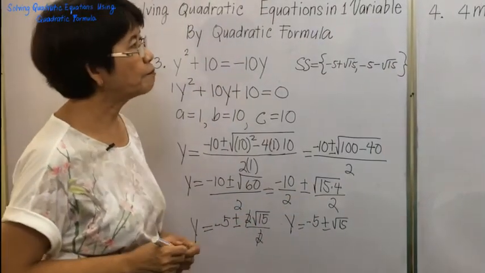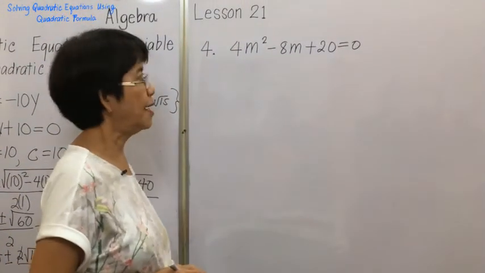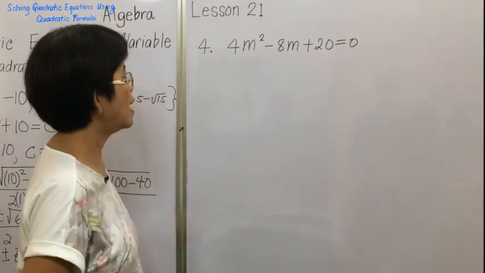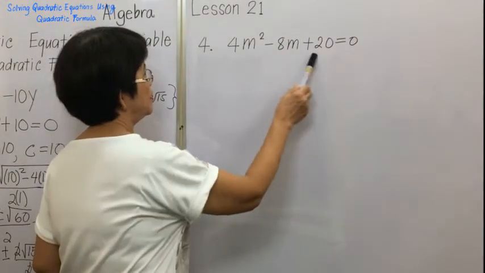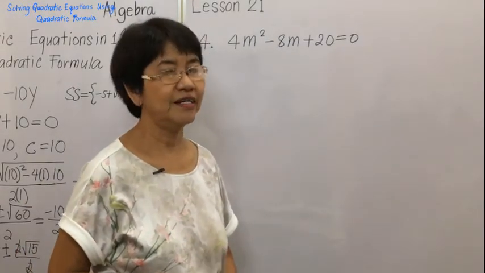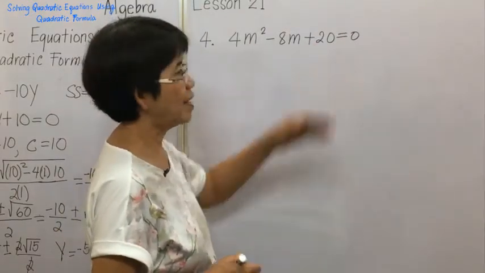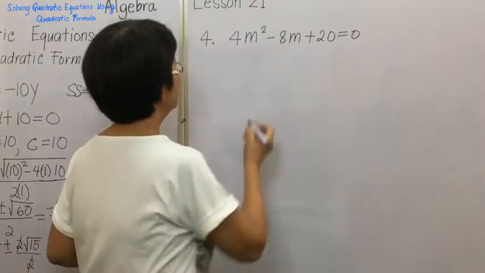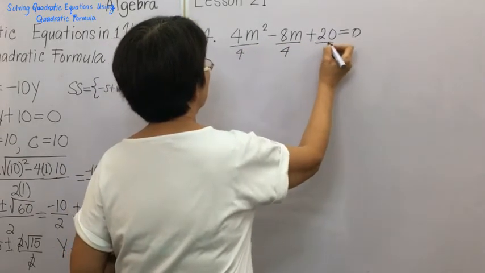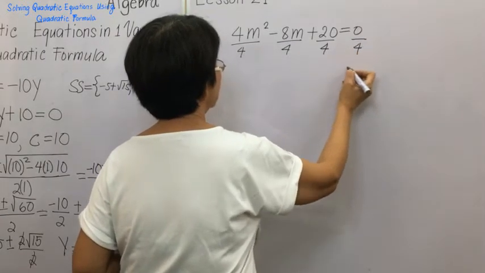In number 4, we have 4m squared minus 8m plus 20 equals 0. Notice that every term here is divisible by 4. So we can simplify the equation by dividing everything here by 4. And 0 divided by 4 is still 0.